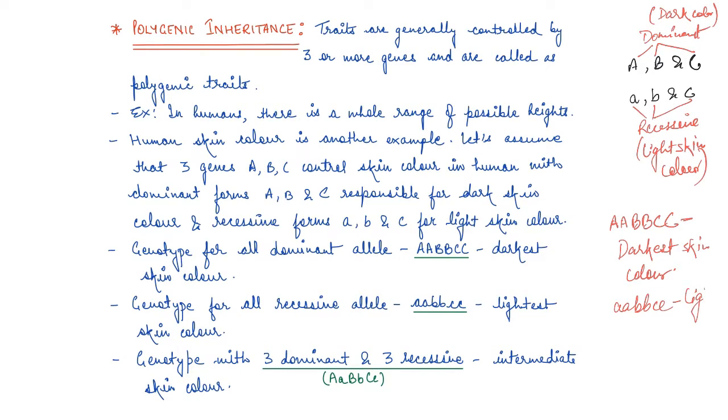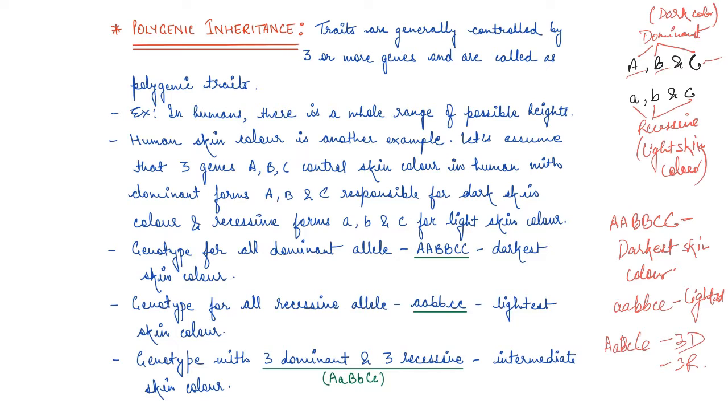Now this will be the lightest skin color, right? But now you can see that since there are three different types of genes involved, there can be various combinations as well. Like an intermediate color can be this with three dominant and three recessive alleles, right? So basically here, as expected, the genotype with three dominant and three recessive alleles will have an intermediate skin color.